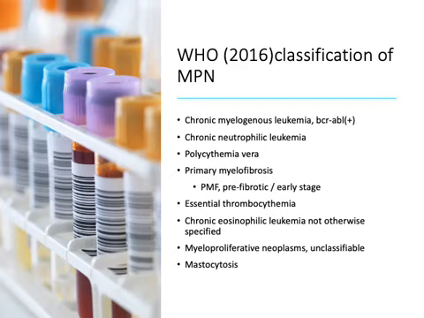The WHO classification system for hematopoietic tumors was recently revised, and the 2016 document recognizes myeloproliferative neoplasm as one of several myeloid malignancies.